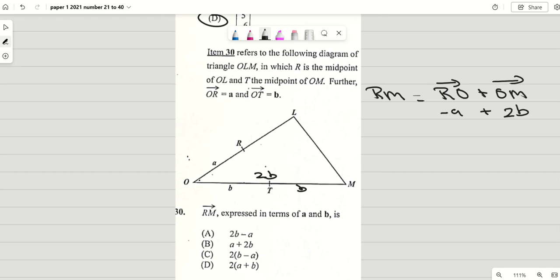So we have minus A plus 2B, or you could have 2B minus A.